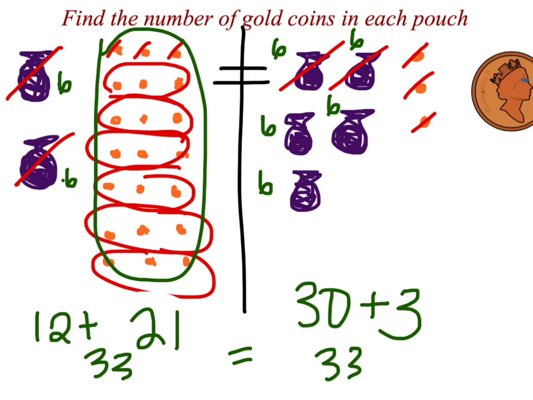And then if there were pouches on both sides of the equal sign, we crossed those off as well, maintained equality by subtracting from the left and the right, just the same. And then I took the remaining coins and divided them evenly among the pouches. That way I was able to find the value of each pouch and help King Monty determine how many coins were in each of those pouches.